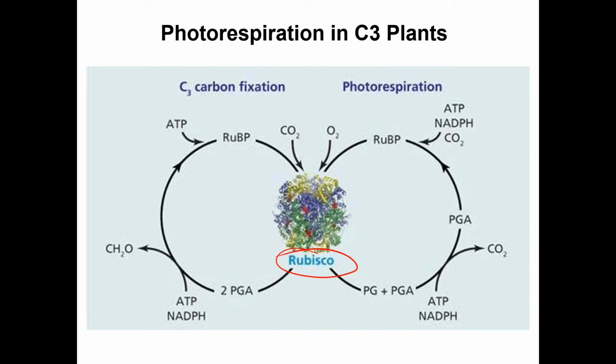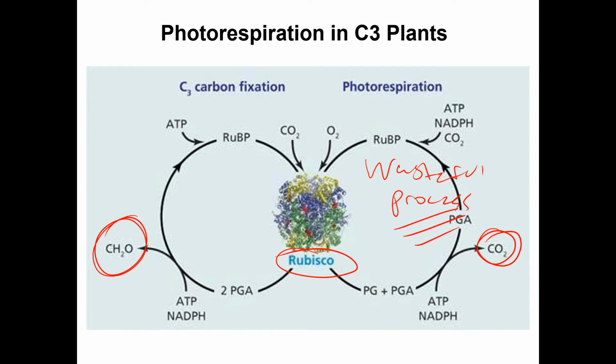But in this case, you're using the ATP and NADPH to release CO2. You're not actually making any sugars. So you would think that this would be a wasteful process. That's what we call photorespiration.